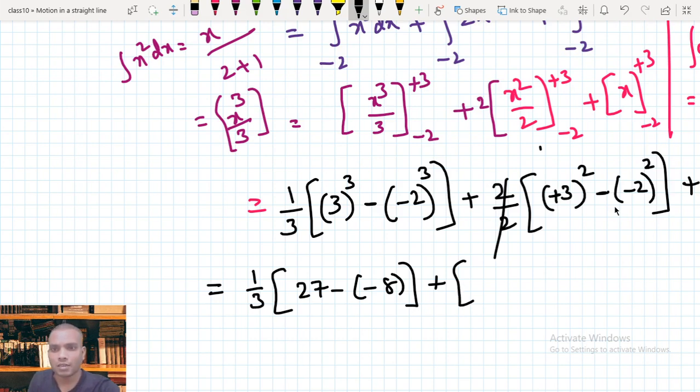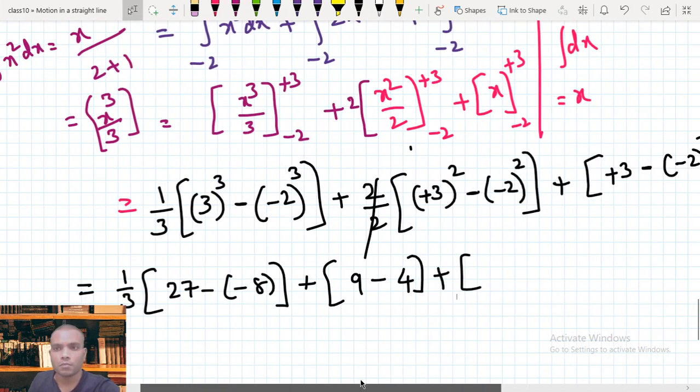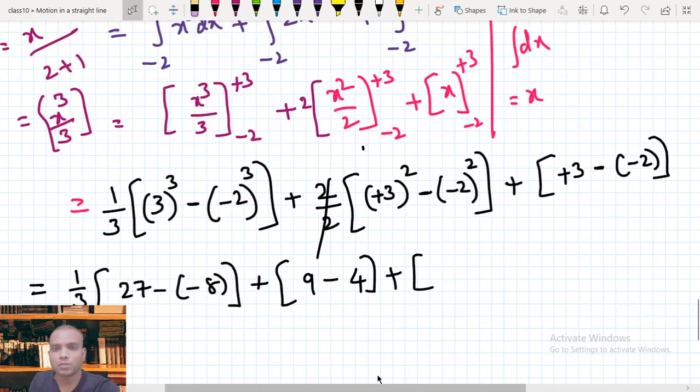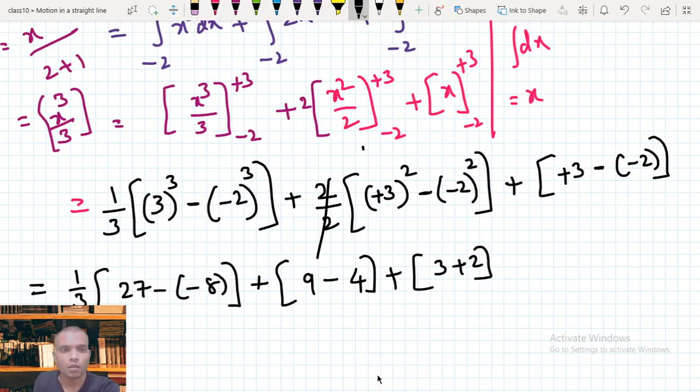So 3 square goes to 9, and minus of -2 square goes to 4, and plus, here -3 minus of minus plus 2, so it is 3 plus 2. Now 1 by 3 of 27 plus 8, plus 9 minus 4, I get 5, and 3 plus 2, I get 5 here.